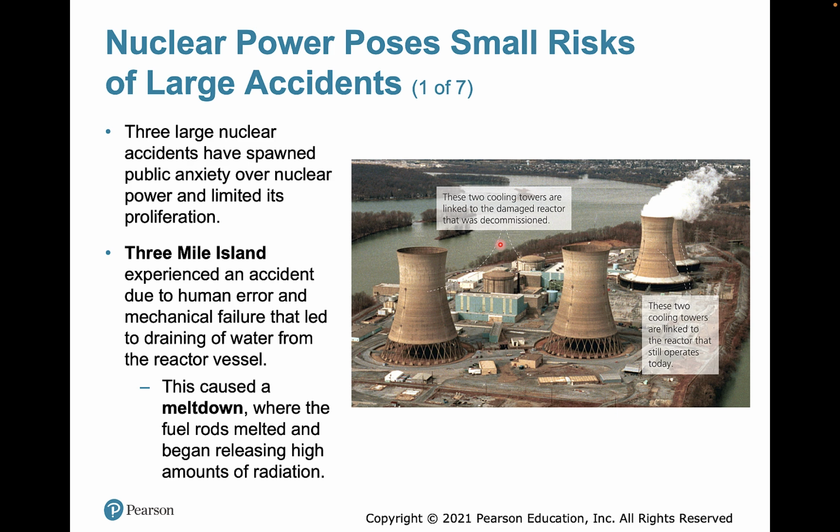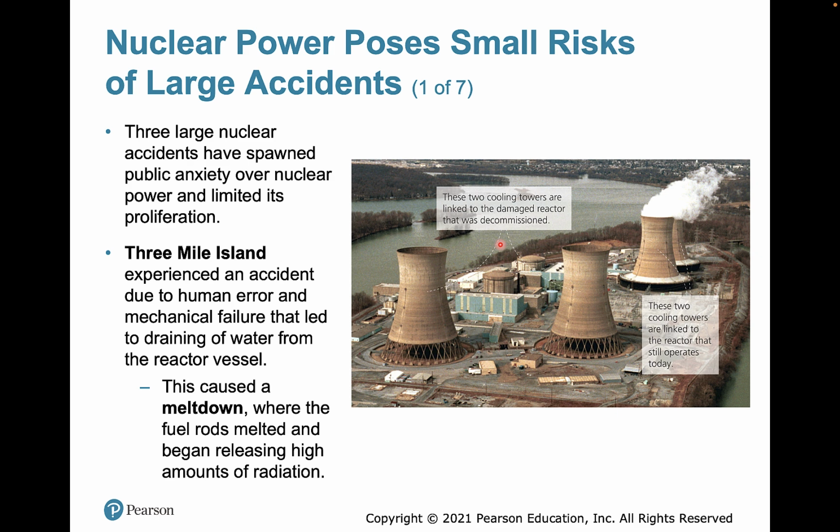When the water drains out of the reactor vessel, that reactor core does not allow for fission to take place at a moderated rate. Okay, fission gets out of control, right? And it creates something called a meltdown, where those fuel rods started to melt and then caused a lot of radiation to be released.